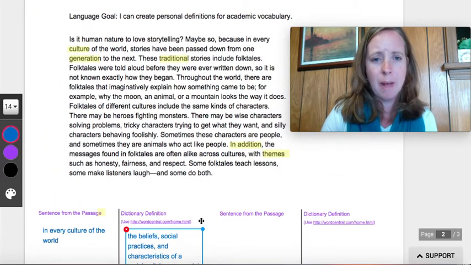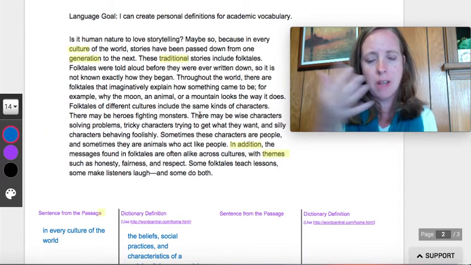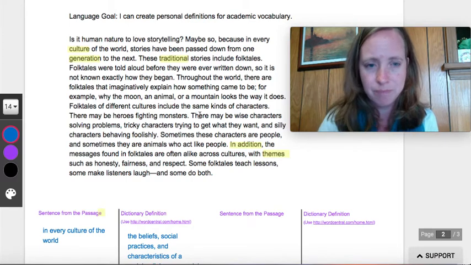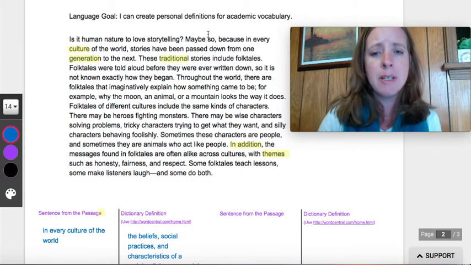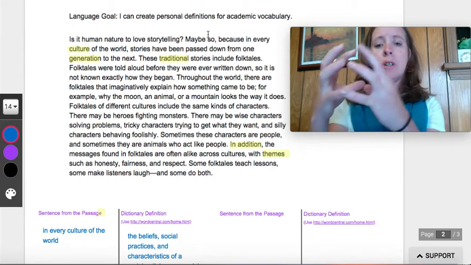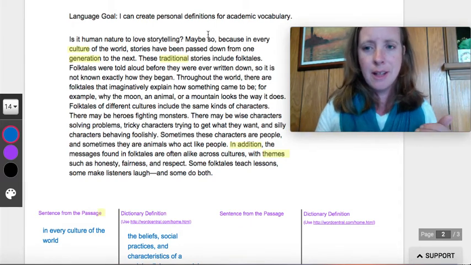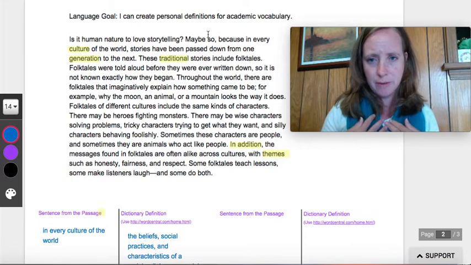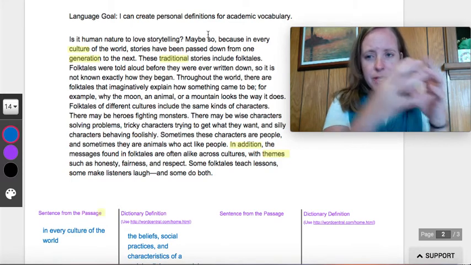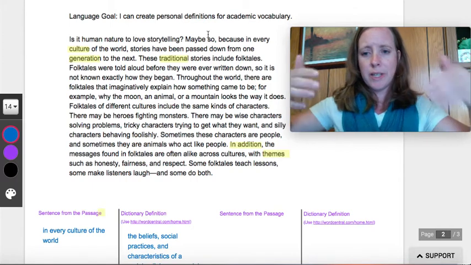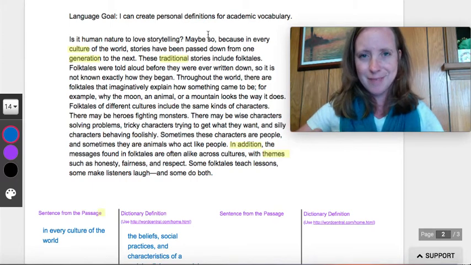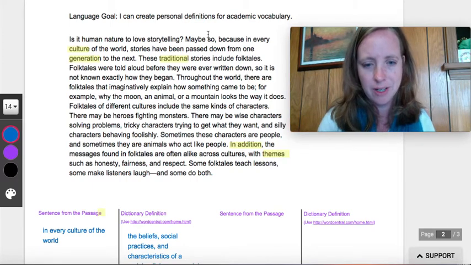So now when I go back up here and I think about all of that good work that I put into that word culture, and I read, "in every culture of the world, stories have been passed down from one generation to the next," it's a richer understanding for me now. In all these different cultures, they have stories that have been passed down. Good thinking, fourth graders.